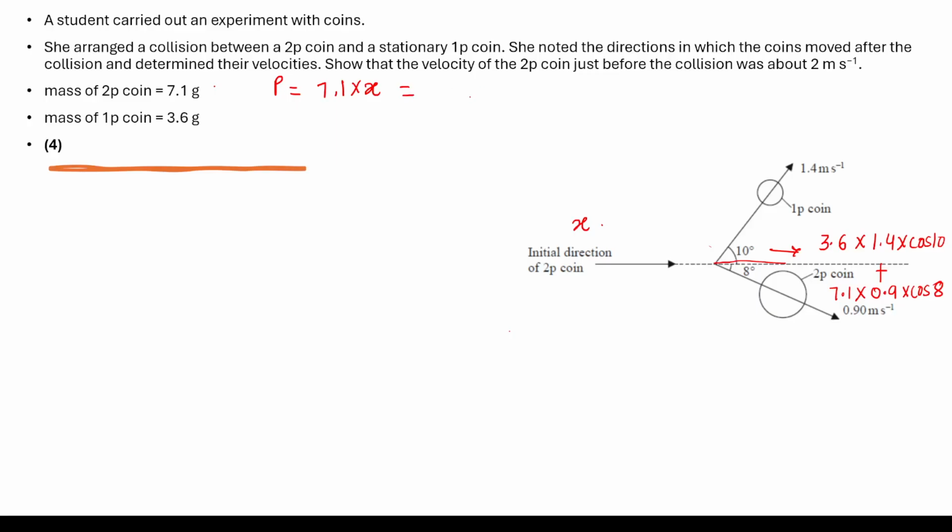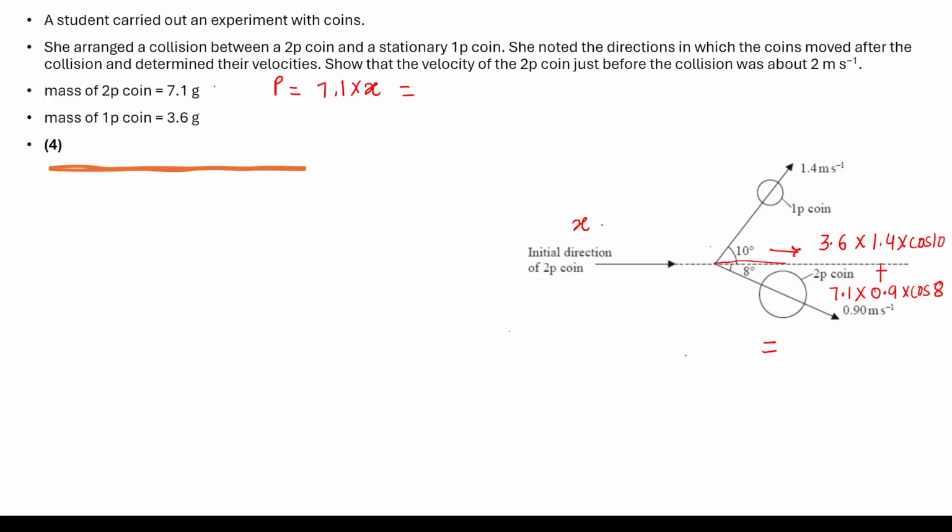So let's just add them. I'm going to add it here so that it becomes easier for you to see. 3.6 times 1.4 times cos 10 degrees, plus 7.1 times 0.9 times cos 8 degrees.